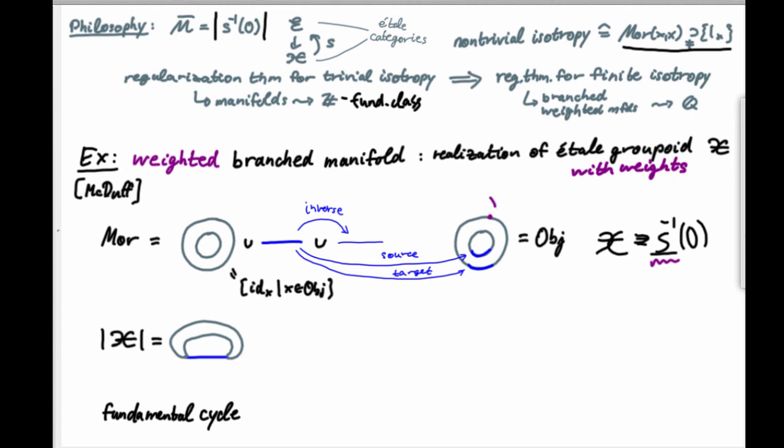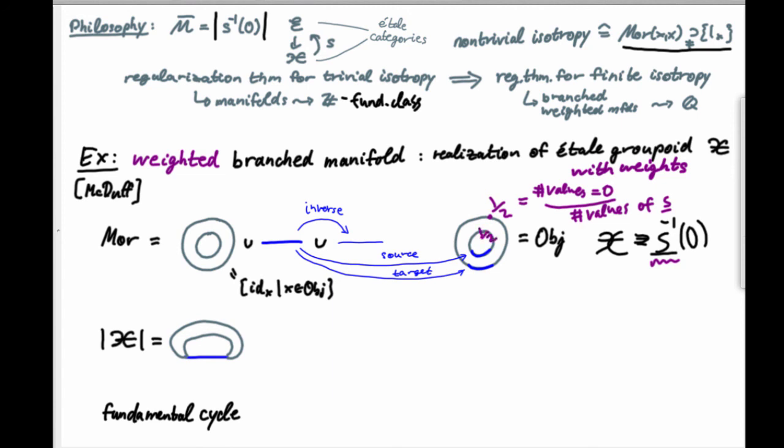So this might have just been getting weight 1/2. So this is the number of values equal to 0 divided by the number of values of my section at that point.